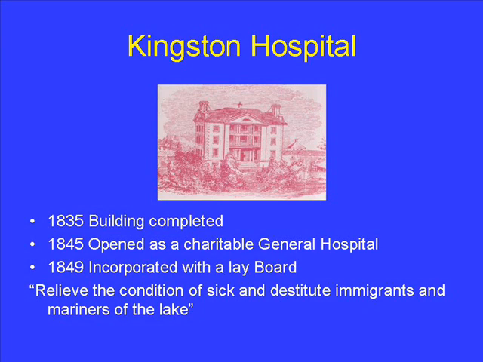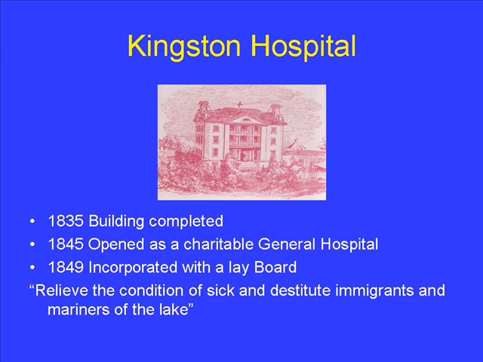However, as so often happens, they had the building, but they didn't have the funds to either furnish it or operate it. And in fact, although there's an interesting story, it wasn't until 1845 that the hospital was opened as a charitable general hospital, which was incorporated in 1849.